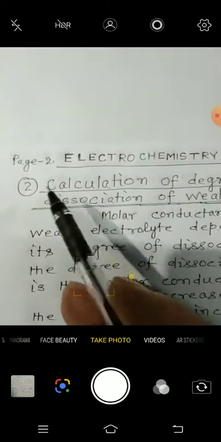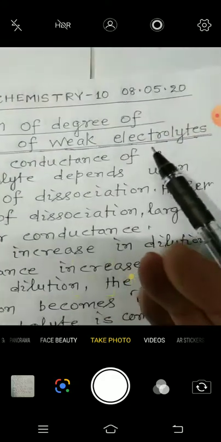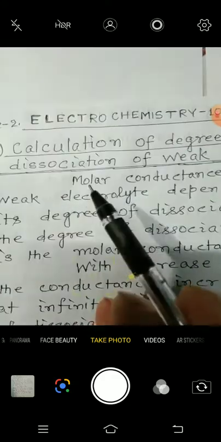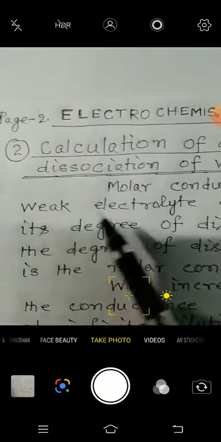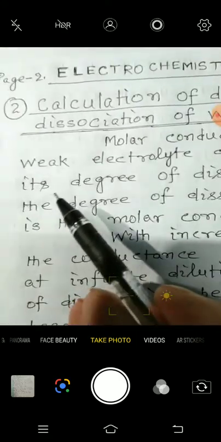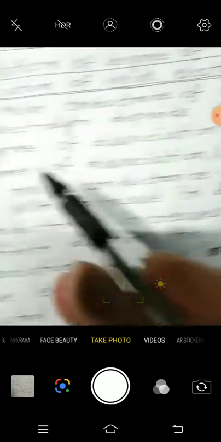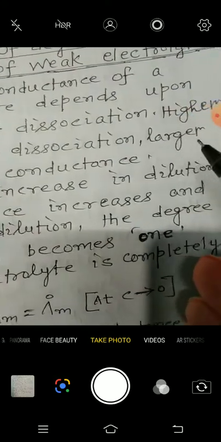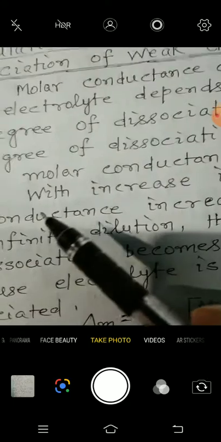Now, another application: calculation of degree of dissociation of weak electrolytes. Molar conductance of a weak electrolyte depends upon its degree of dissociation. Higher the degree of dissociation, larger is the molar conductance.